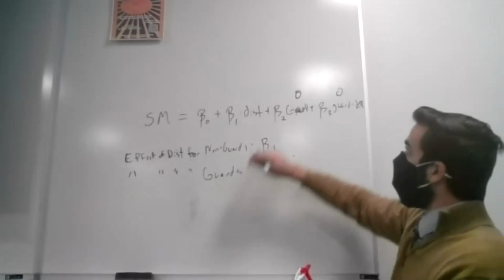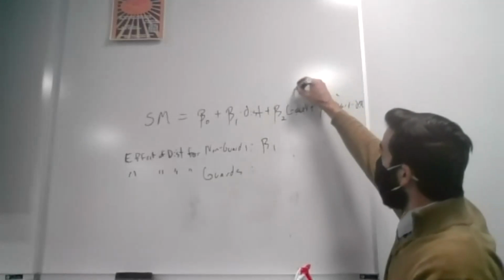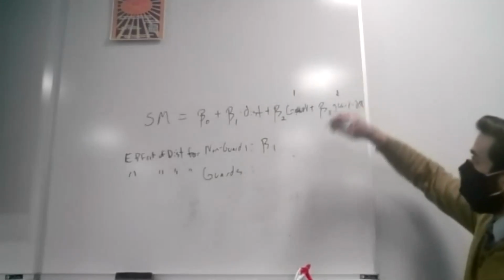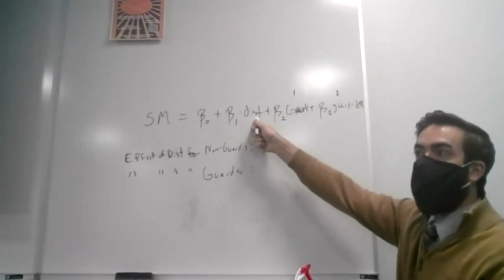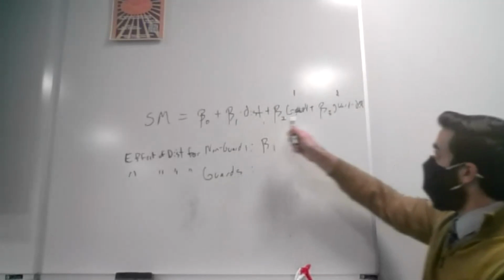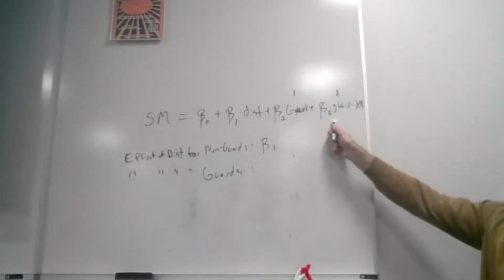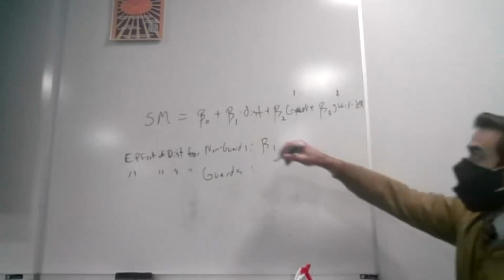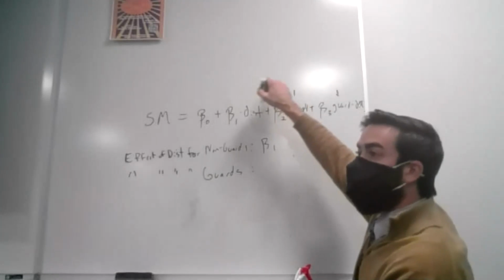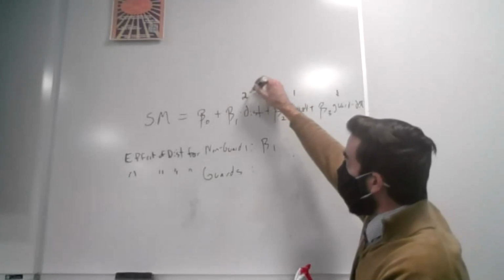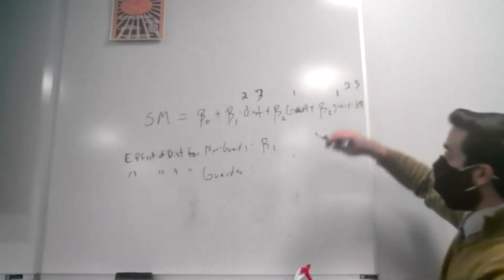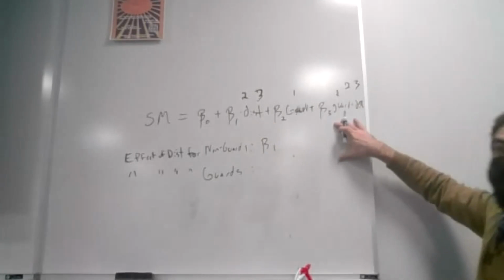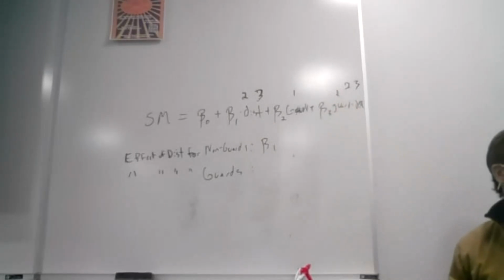For a guard, however, these become 1s, and now if distance goes up by 1 unit, this will change, but so will the interaction term. If I was trying to make predictions and this went from 2 to 3, this will also go from 2 to 3, so I'll get a change from this, but I'll also get a change from this in my predicted y variable.